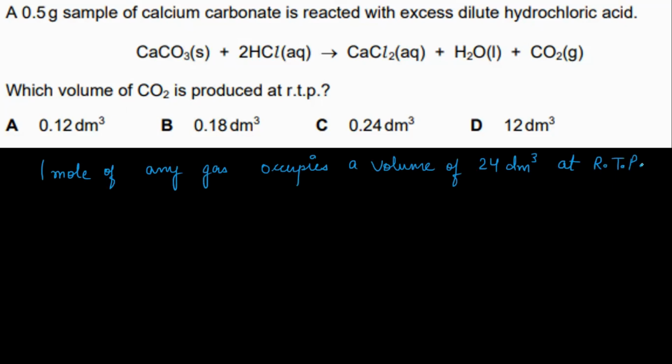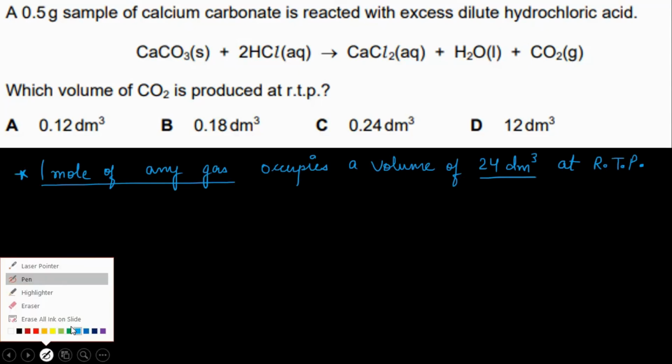RTP means room temperature and pressure. So any gas, 1 mole of any gas has a volume of 24 dm cube. Using this information, we will solve this question.